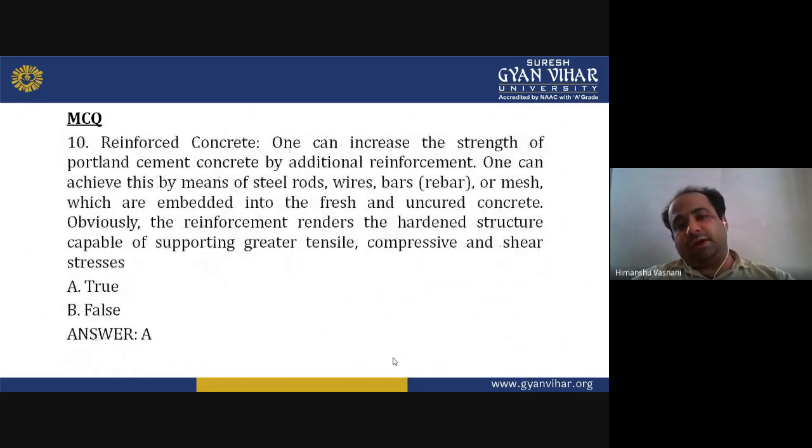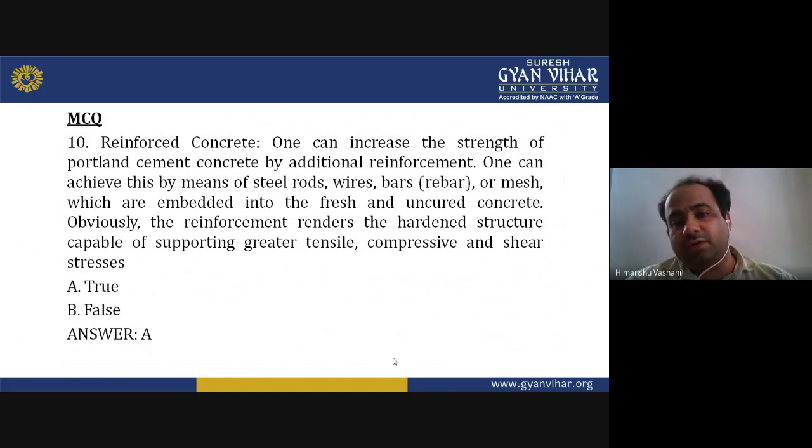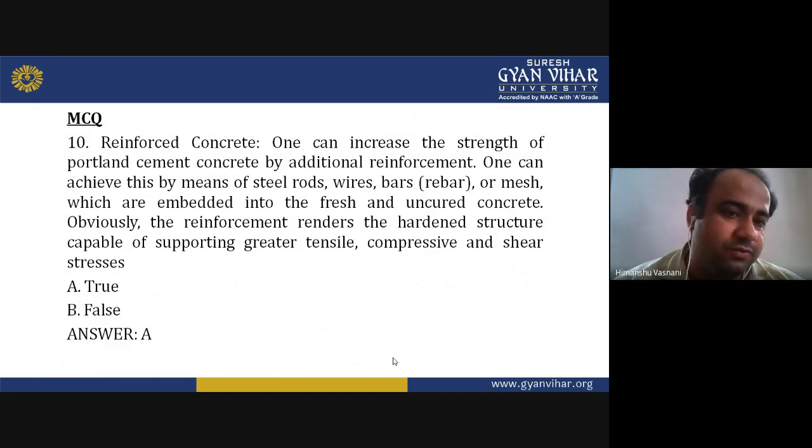Now the reinforced concrete. One can increase the strength of Portland cement concrete by additional reinforcement. One can achieve this by means of steel rods, wires, bars, or mesh, which are embedded into the fresh or uncured concrete.